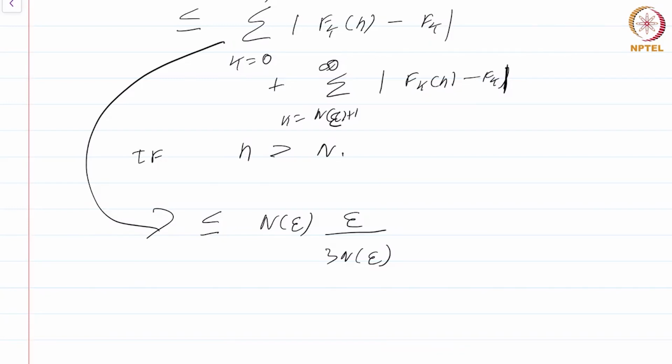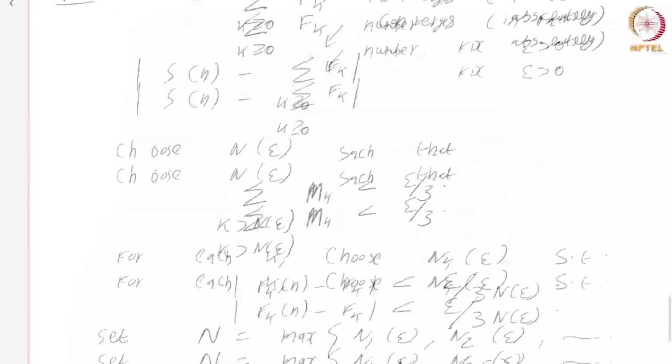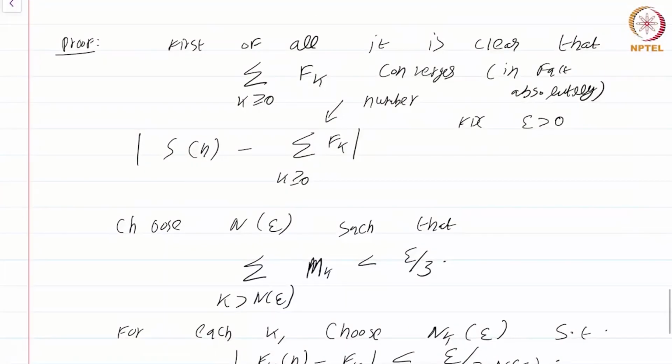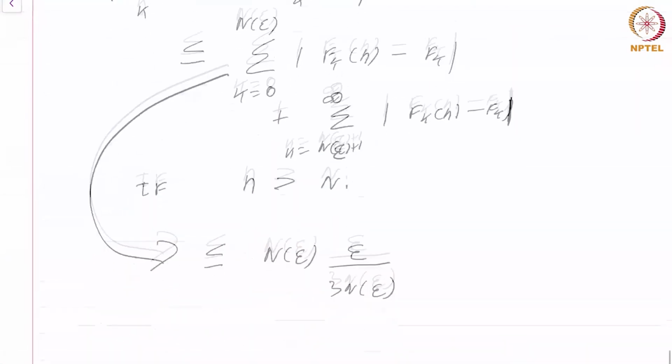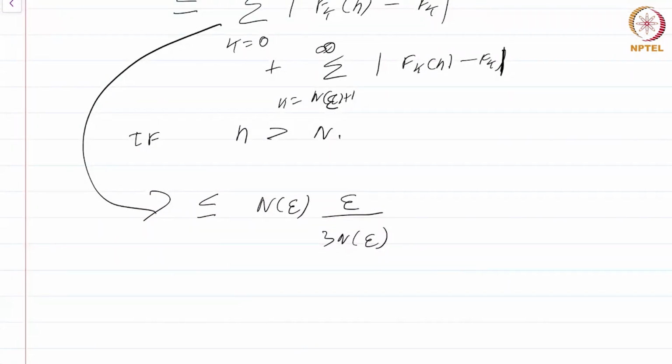Now what about this second term, where you are summing from N epsilon plus 1 to infinity? Recall that N epsilon was chosen to make the tail of the series summation M_k really small. And here you have F_k,n minus F_k.